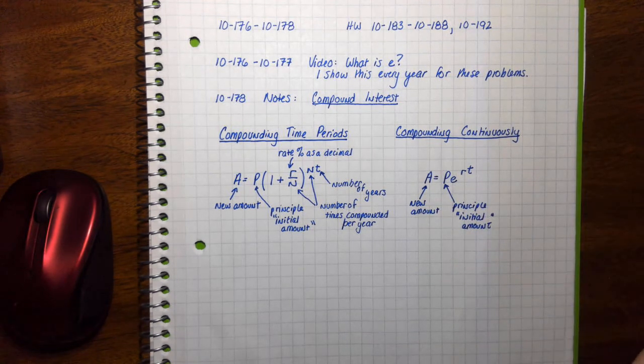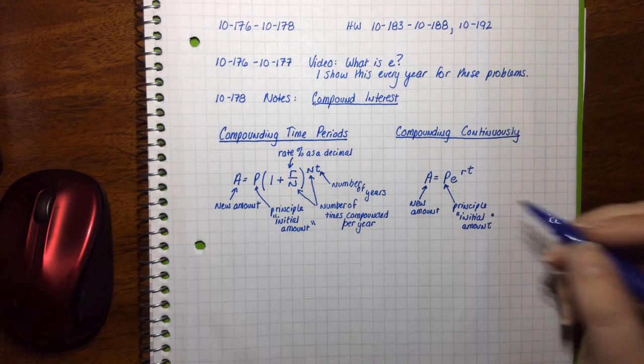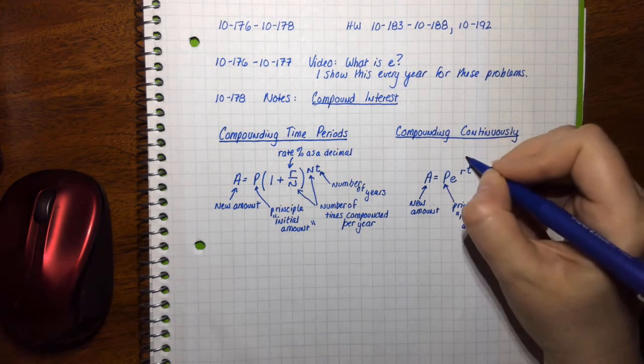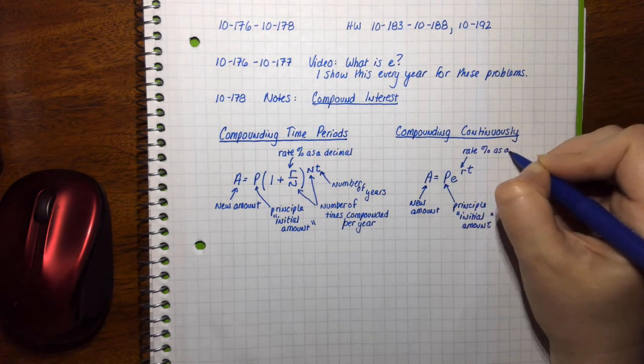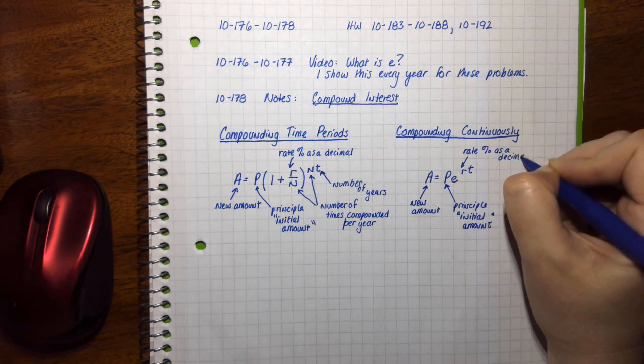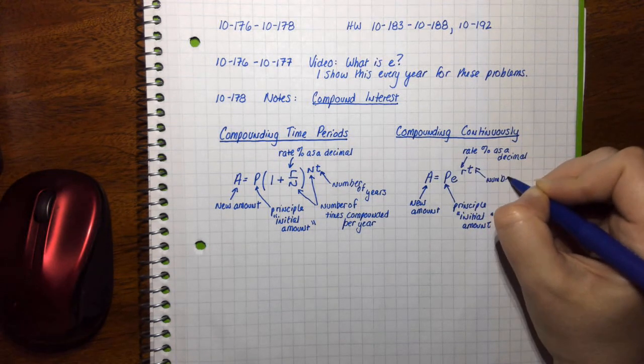E is a number, so that's the E that you learned about in the video, which is like 2.7 blah blah blah. R is rate percent as a decimal, and T is number of years.